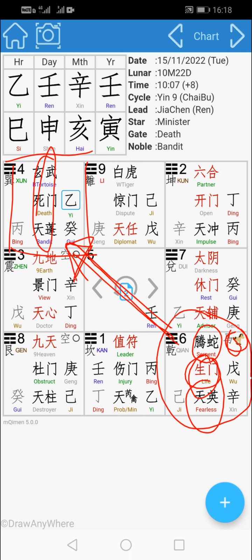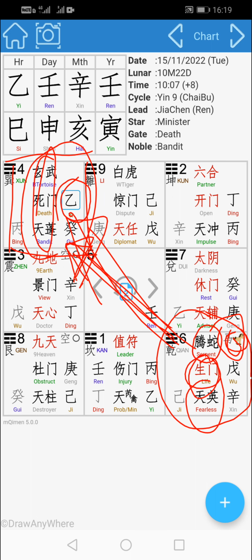So in this situation, not only is the answer giving us the bandit and the death door, plus the black tortoise, but the serpent and the fearless together with the life door, encompassed with this horse, is directly telling us to go further into the opposite box and refer.